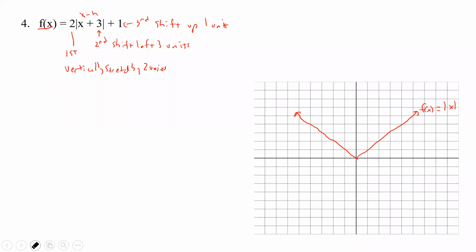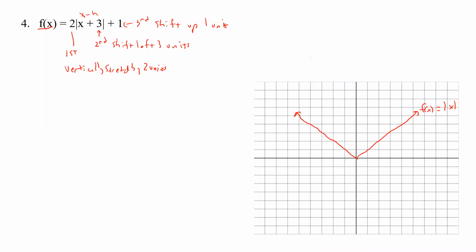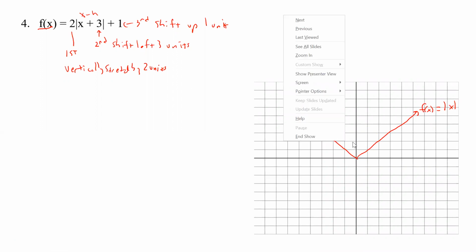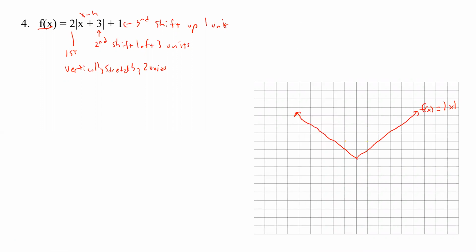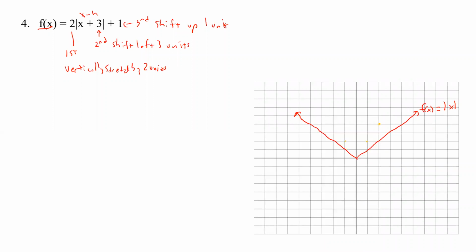I better erase that and start over just in case I multiplied wrong. All right, so 2 times our outputs here. So this was at 1, so multiply it by 2, we get 2. This was at 1, multiply it by 2, we get 2. This was at 2, we multiply it by 2, we get 4. This was at 2, multiply it by 2, we get 4.